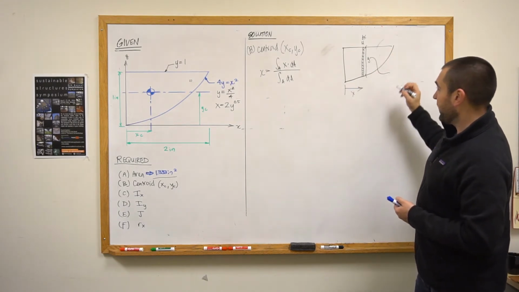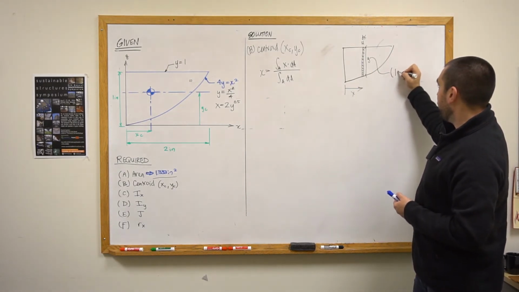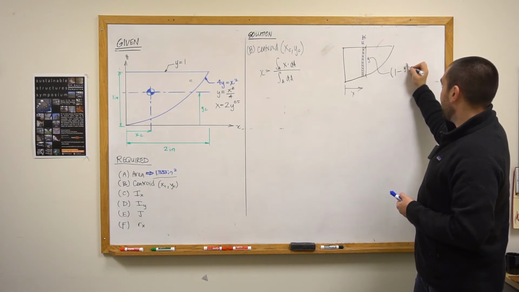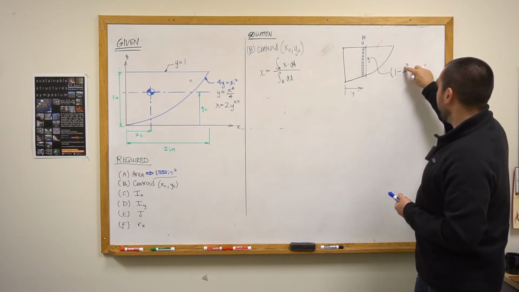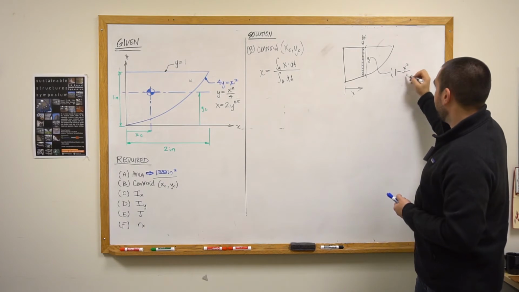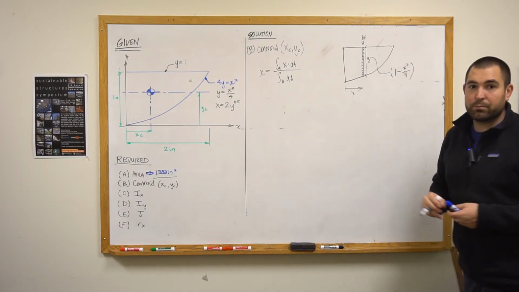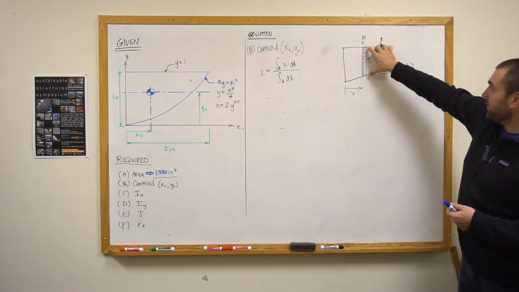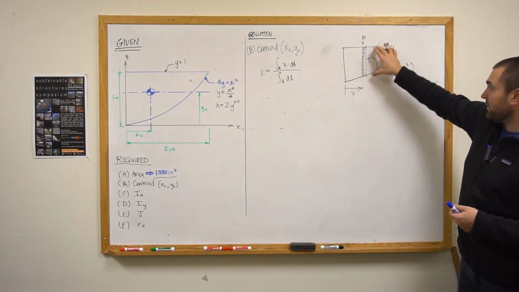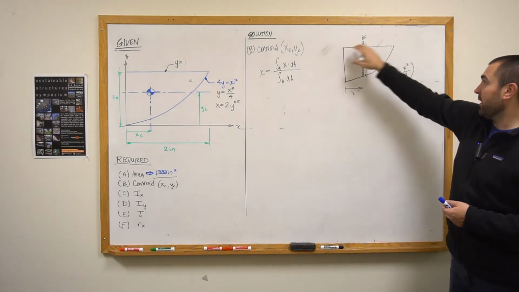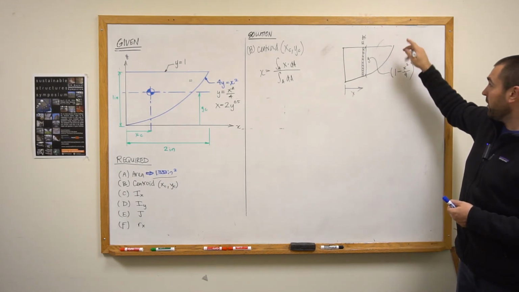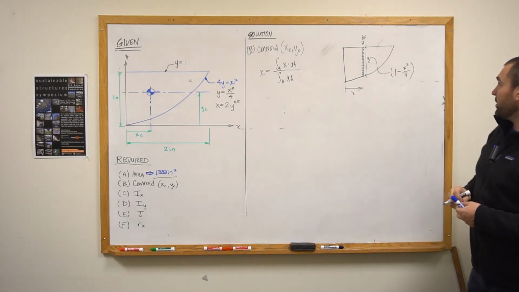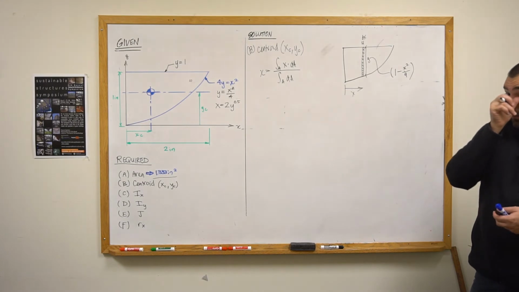Based off the formula, we just call the height of this y. We already calculated that earlier as 1 minus x squared divided by 4. That was from part A when we first looked at it. I can define the height of this, which is really what y is talking about, as the function on top, y equals 1, minus the bottom, which is x squared divided by 4.